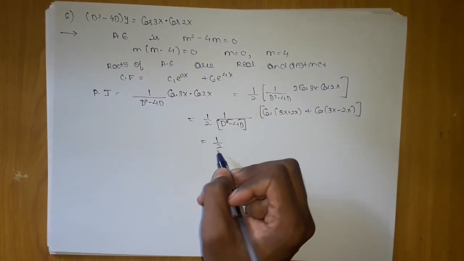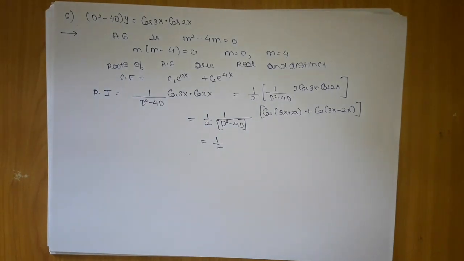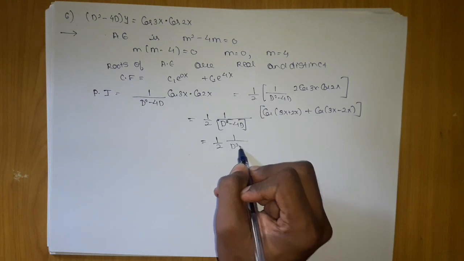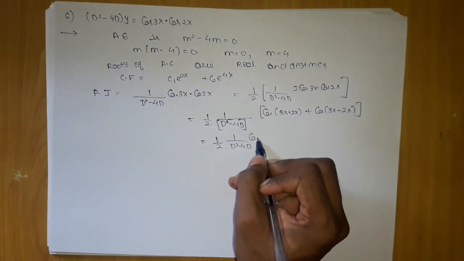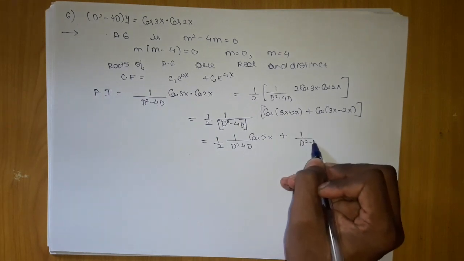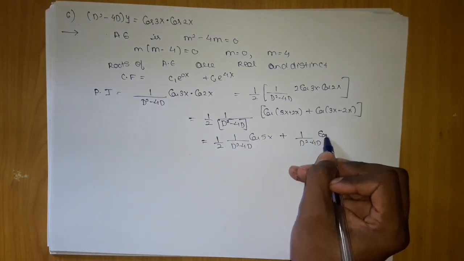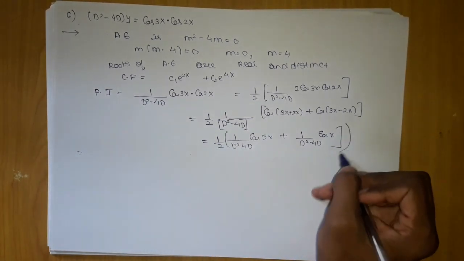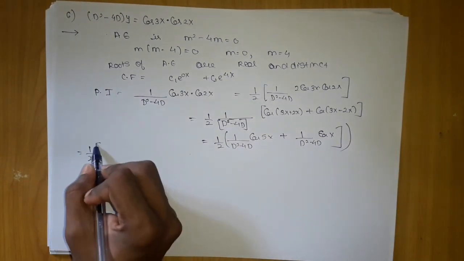After this, here it will be d square minus 4d, which will multiply with cos 5x once, and similarly d square minus 4d will multiply with cos x. After this, 2 will be outside for the whole time.